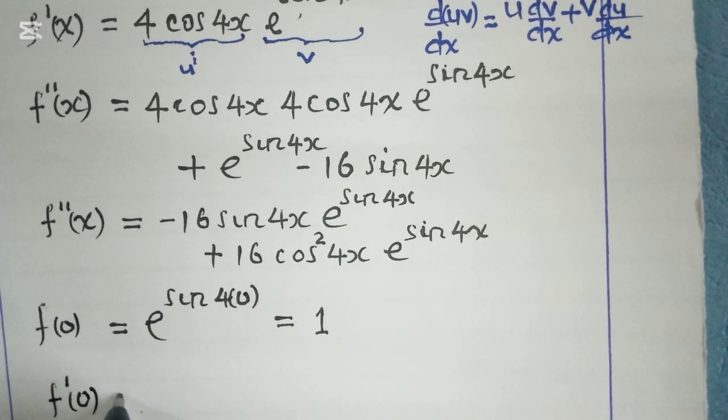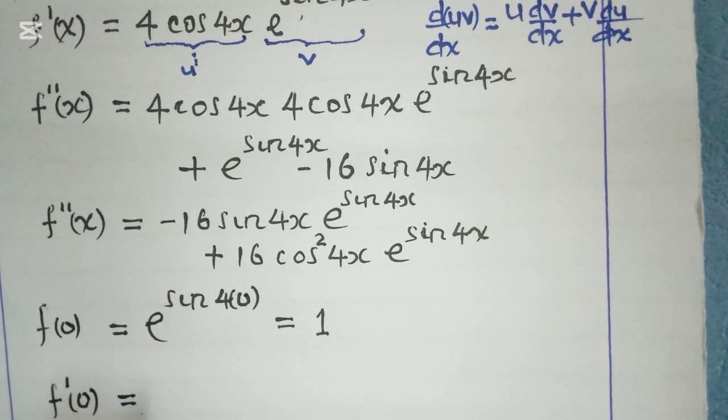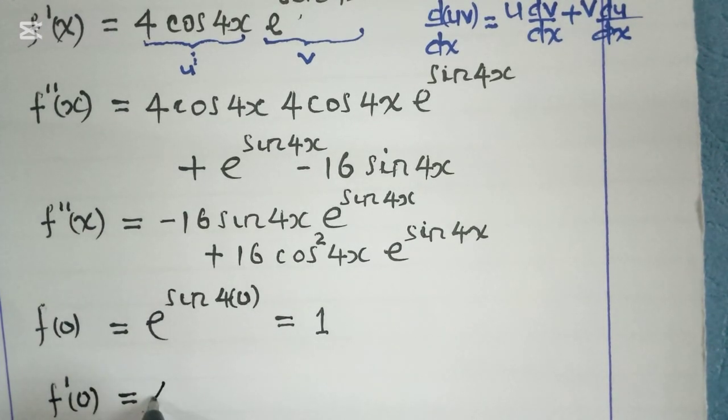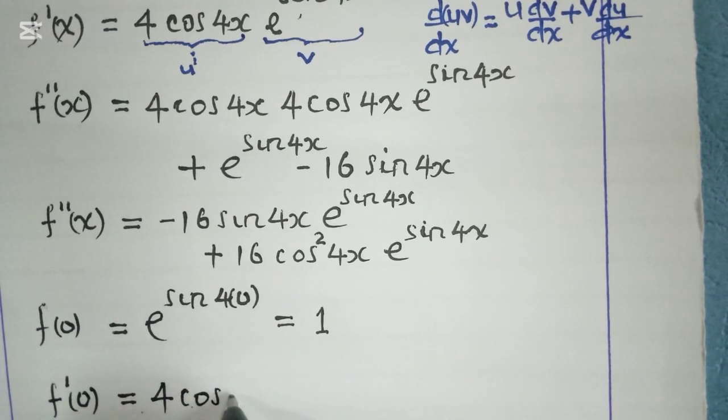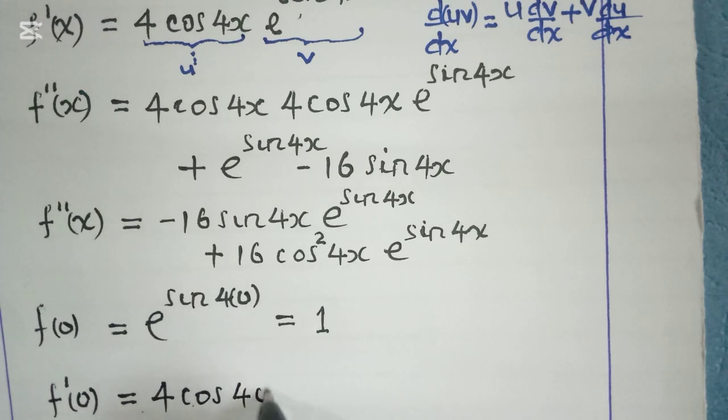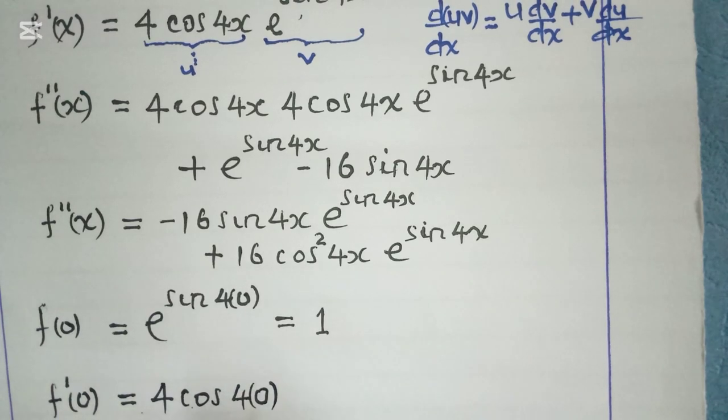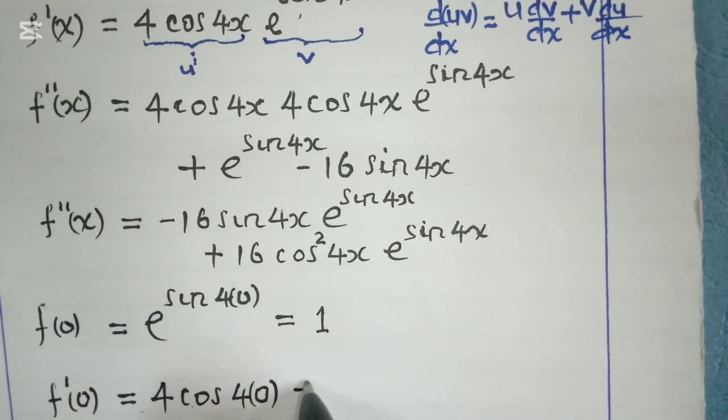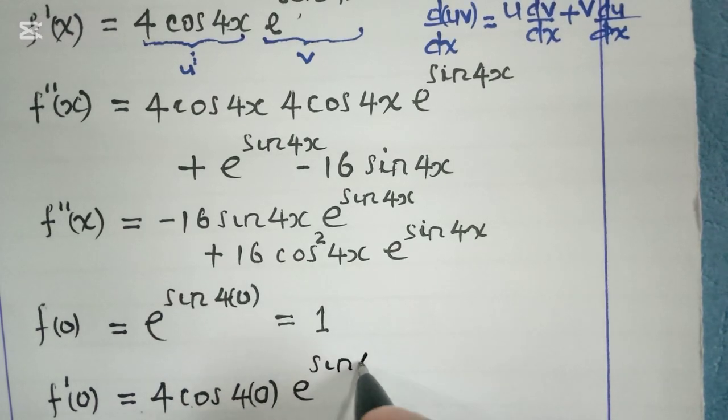For f prime 0, we shall write 4 cos 4, I put 0 there, then e raised to sine 4 0, like that.